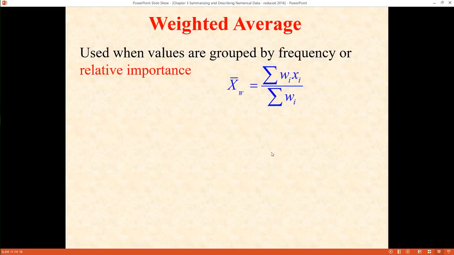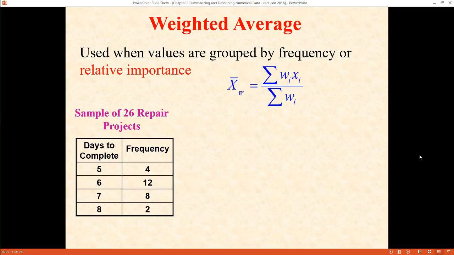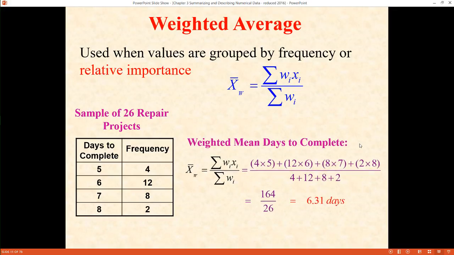I have to get grades in, so I'm going to shorten this video pretty quick. But quick example, here I have some 26 repair projects, and I want to get the weighted average days to completion because it's a frequency distribution I have. So I can do the weights. So weight 1 times the number of observations, the frequency, that took 5 days to repair.